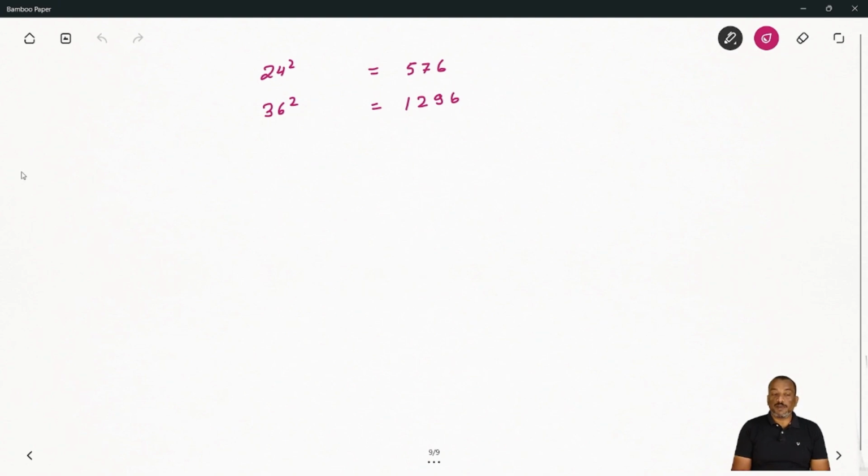Okay. Now coming to our 8th property of a square.